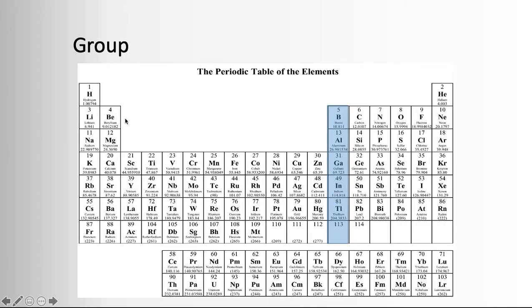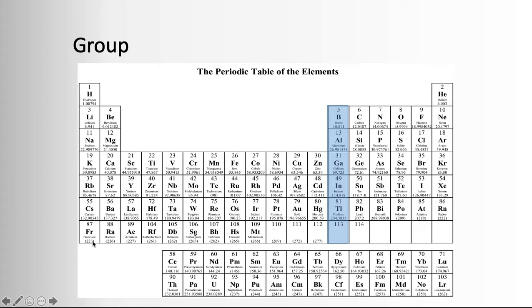In groups, interestingly enough, except for hydrogen, because it really should belong over here, you will find that the elements are organized by similarity. And we also call them groups or families.